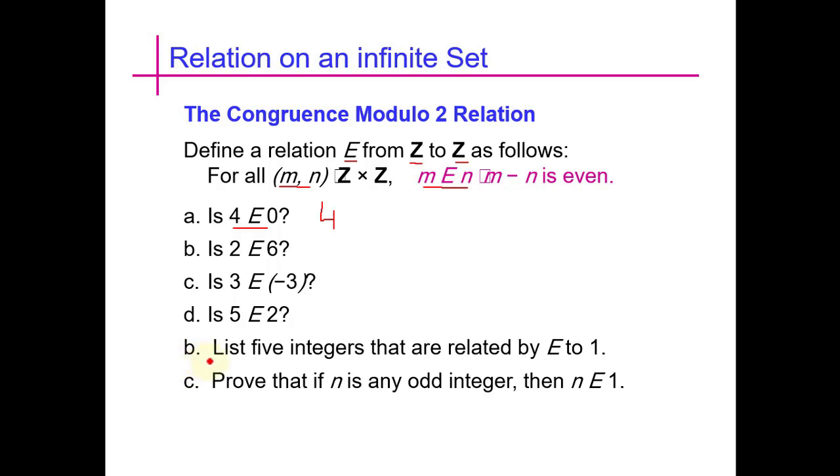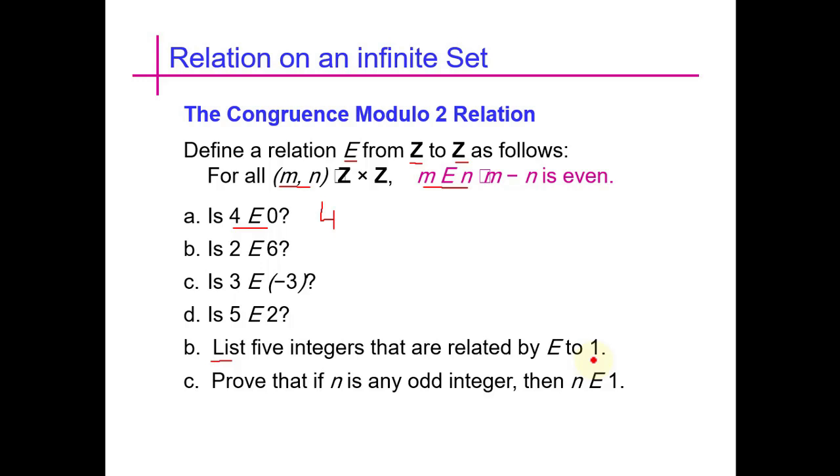And in this part we need to list 5 integers that are related to 1 by E. So we need to find those numbers which after subtraction from 1 give us an even number. This could be 3, this could be 5.